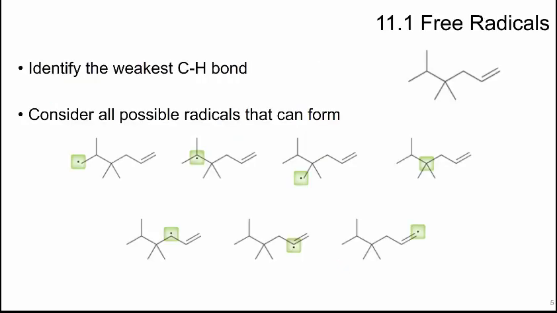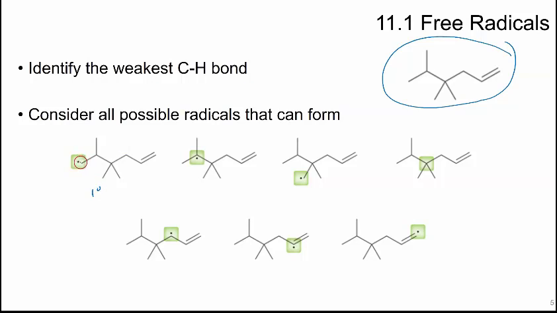If we're looking to identify the weakest carbon-hydrogen bond in this structure here, we want to consider all possible radicals that can form. When a compound is reacted so that it can form a radical, the electrons can be taken from any of the carbons and hydrogens. So the one that you can form initially is a primary one, off the first one here. This would be a primary radical.